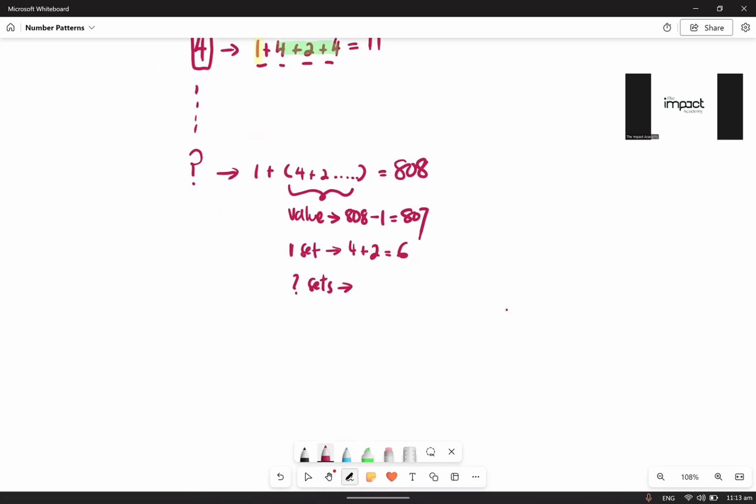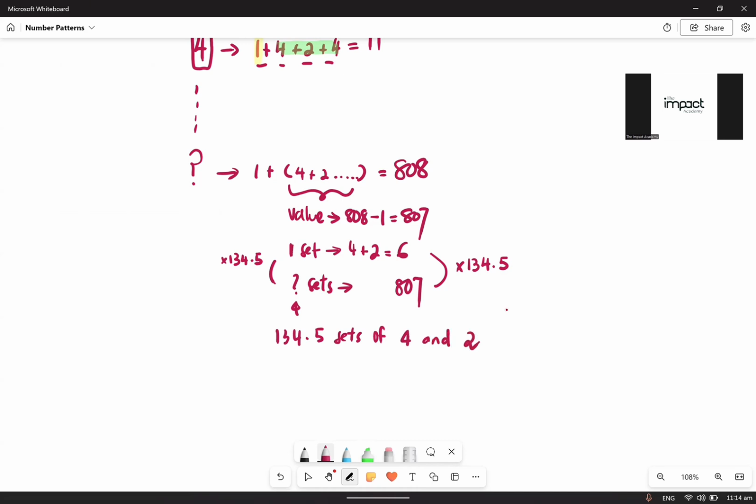What do they mean by half? If I have 807 over here, 807 divided by 6 gives 134.5. So how many sets are there? There must be 134.5 sets of 4 and 2.